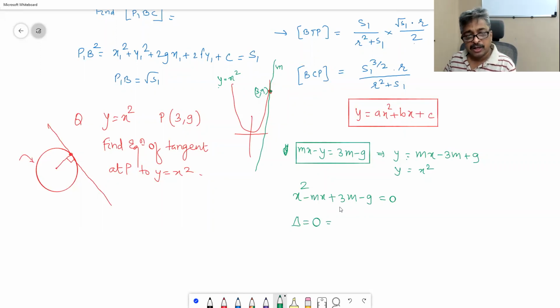And therefore, what is delta of this equation? M square minus 4 times 3m minus 9. Is that right?